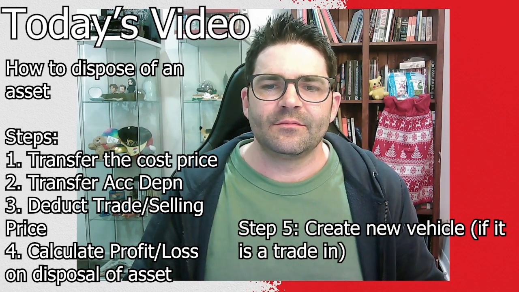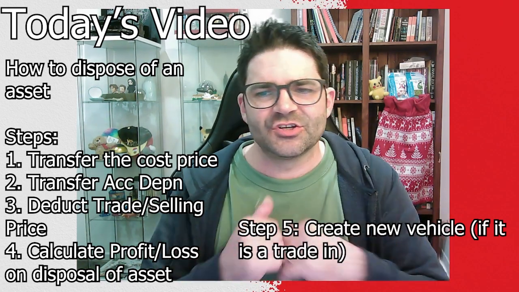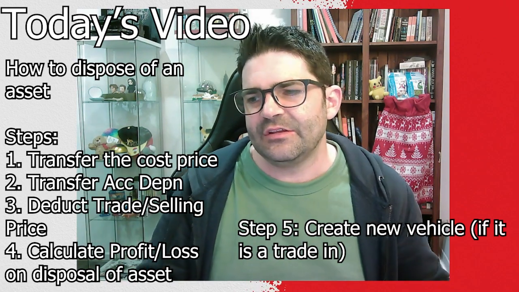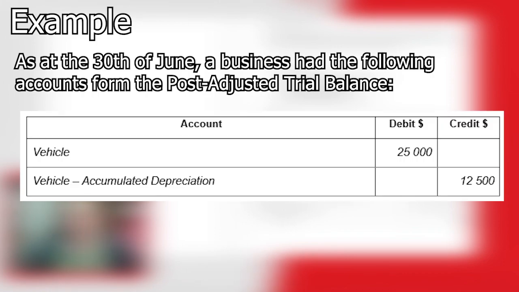So let's have an example. Let's just jump straight into the example. As at the 30th of June, the business had the following accounts from the post-adjusted trial balance. You can see vehicle, $25,000, and then vehicle accumulated depreciation on the credit side, $12,500.